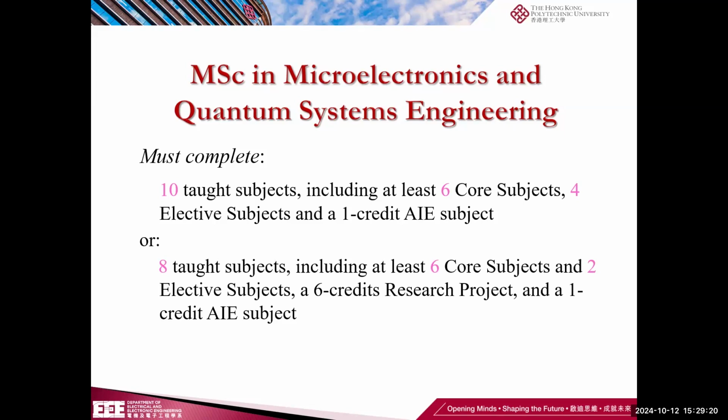However, if some students would like to take a research project instead of only studying subjects, we offer another mode, which includes 8 taught subjects, that is 6 core subjects as well as 2 electives. The other part is the research project, which counts for about 6 credits and normally takes you less than 2 semesters to complete.